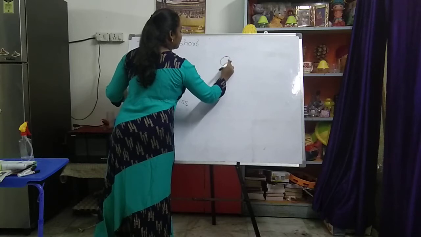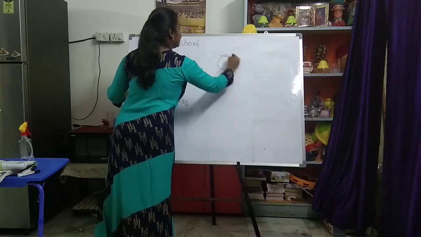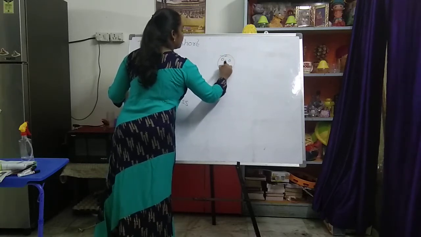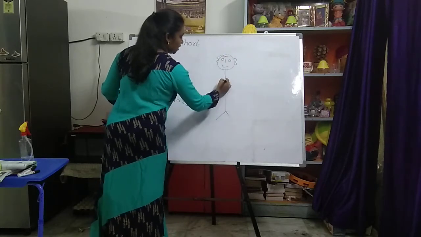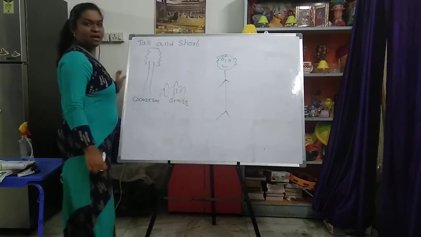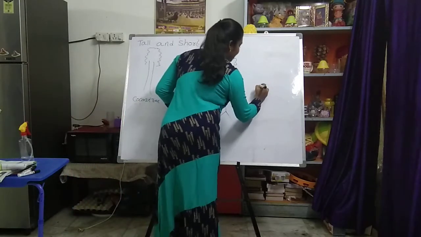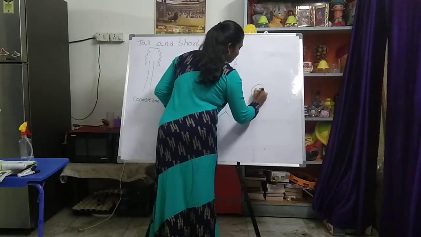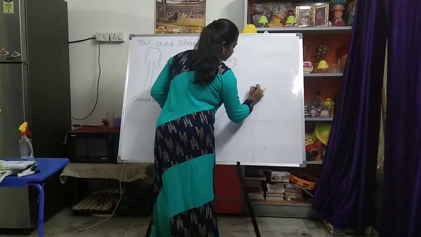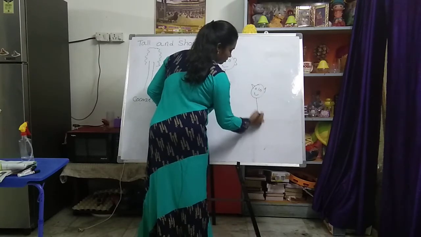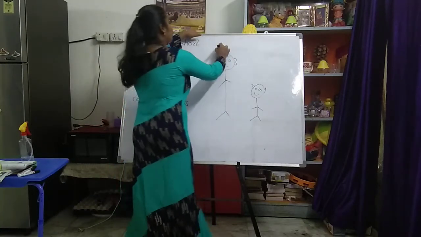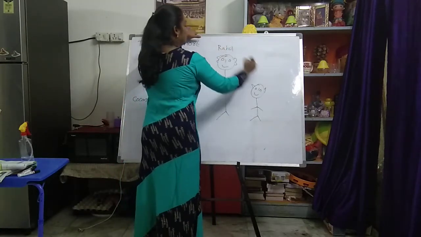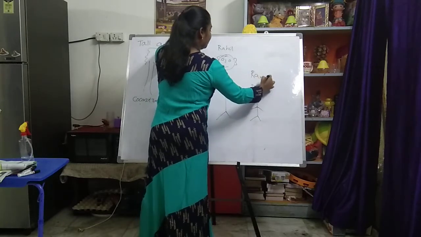Now this is a person. This is one person. This person's name is Rahul. This person's name is Ramesh.